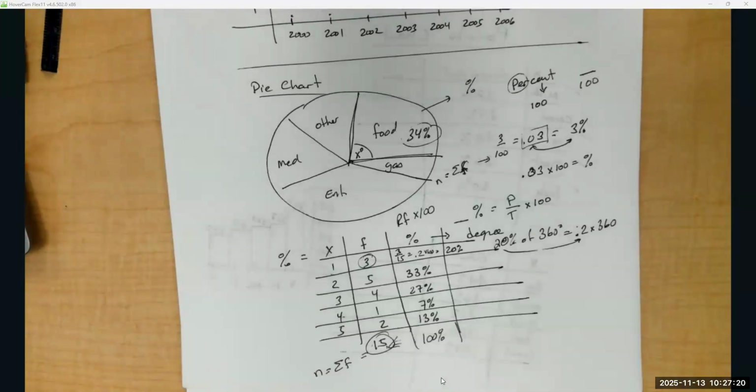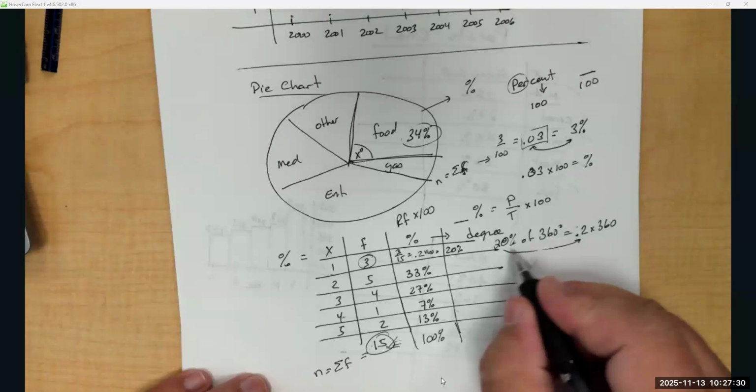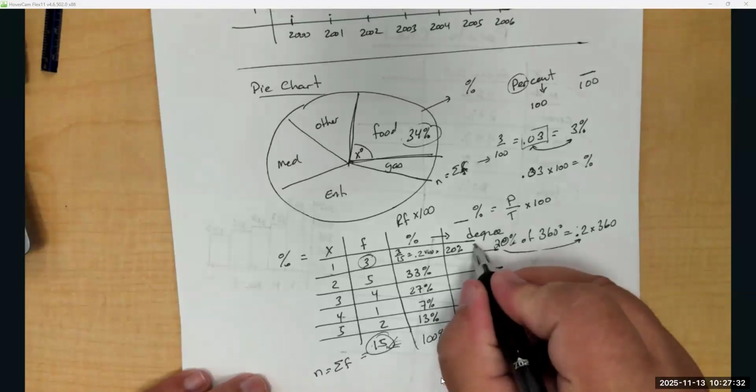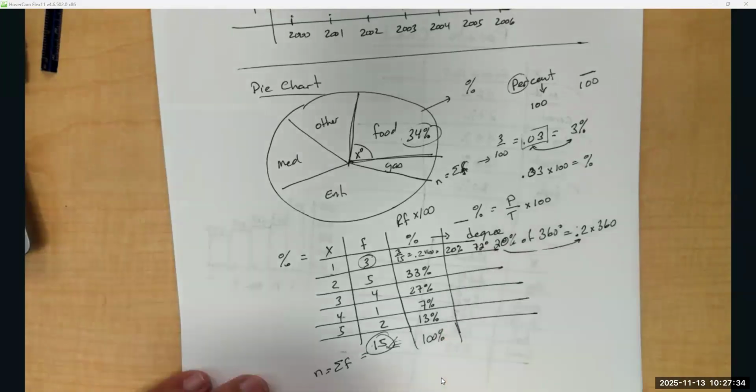That's the number of degrees that you have. So the first one, 20% of 360 degrees is 72 degrees. Again, if you use your cell phones for calculators, you should get that.